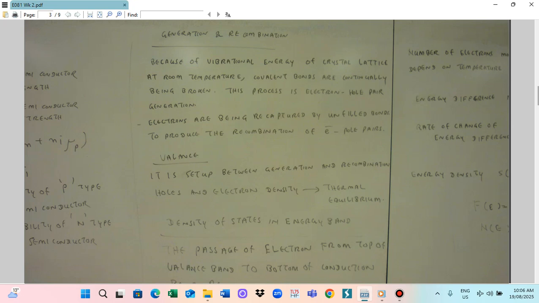So balance means that it is set up between the generation and recombination, the hole and electron density, which also causes thermal equilibrium.